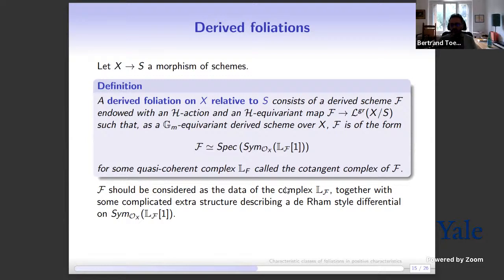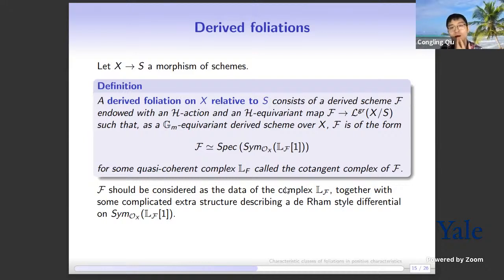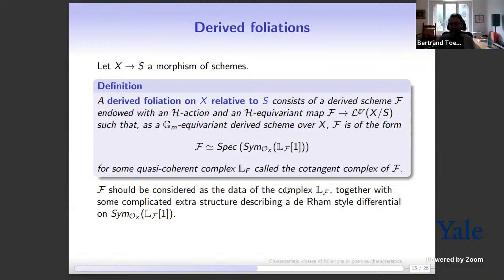It's not fully faithful, so the fact that Spec K is a closed subscheme in S is not useful here, because in derived geometry, a closed immersion is not a subobject. It's not a monomorphism. So in derived geometry, a closed immersion can have a lot of automorphisms. The derived automorphism group of a closed immersion is not trivial. So you can think in terms of derived categories: the derived category of a closed subscheme is not a subcategory of the derived category.